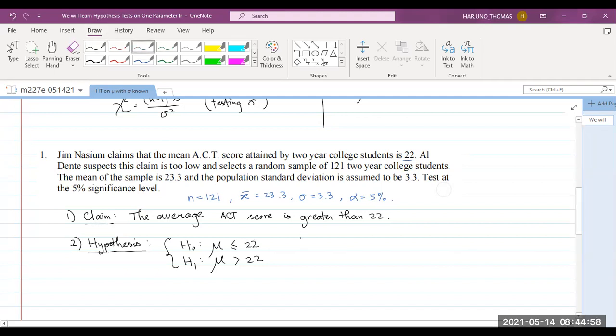Now, by the way, our textbook, just like a lot of recent textbooks, changed their style. When they have the null hypothesis, they make it equal. That's the current one. If that's how you learned it before, go for it. That's okay.